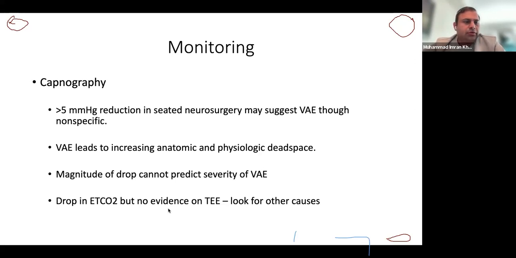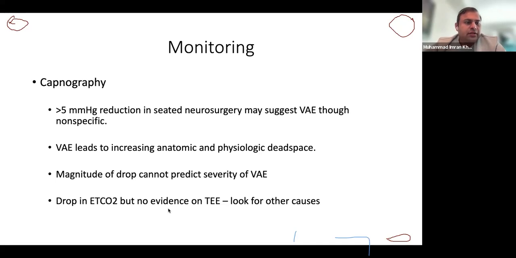The end-tidal drops during venous air embolism because air obstructs the pulmonary vasculature and results in areas of lung that do not exchange gas, thereby increasing the total anatomic as well as physiologic dead space and reducing expired carbon dioxide. The magnitude of the drop cannot predict the severity of the venous air embolism.